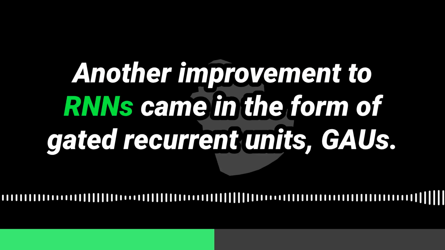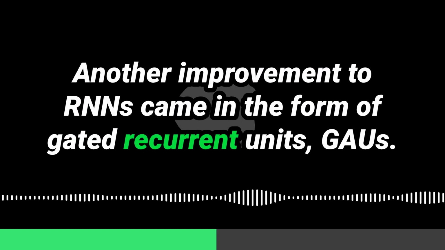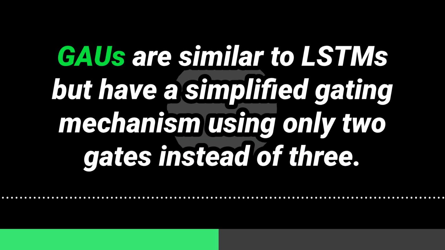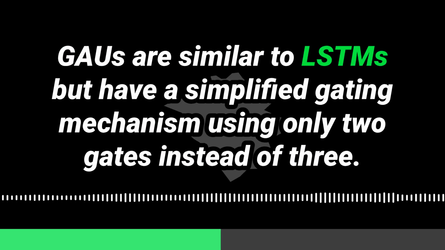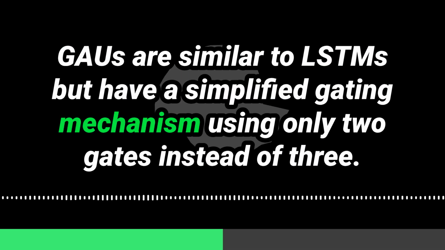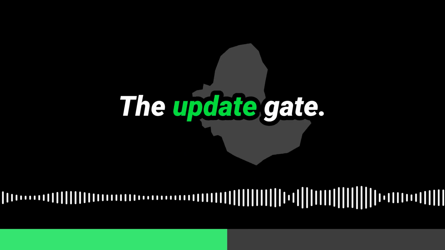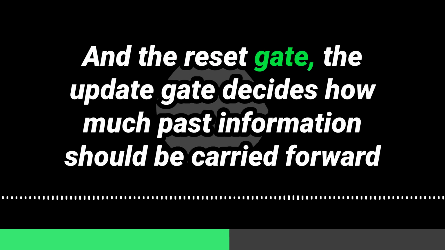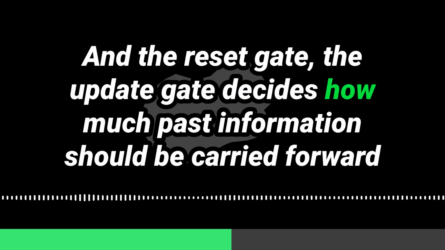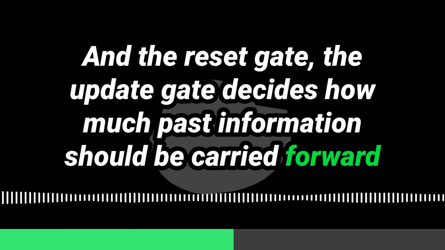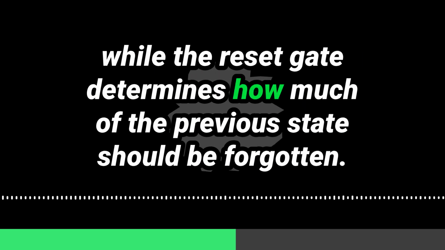Another improvement to RNNs came in the form of gated recurrent units, GRUs. GRUs are similar to LSTMs but have a simplified gating mechanism using only two gates instead of three: the update gate and the reset gate. The update gate decides how much past information should be carried forward, while the reset gate determines how much of the previous state should be forgotten.